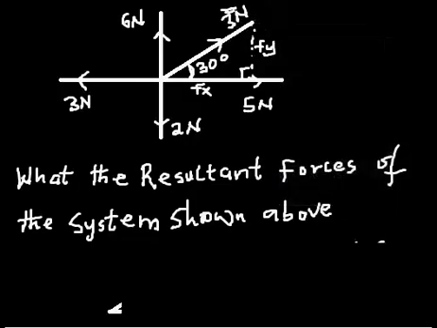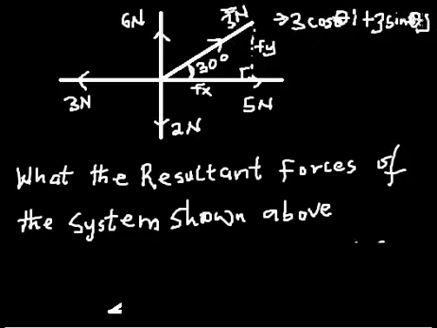So this vector can be represented as 3 cos theta for the horizontal component, where the unit is I, plus 3 sin theta, and the unit is J.